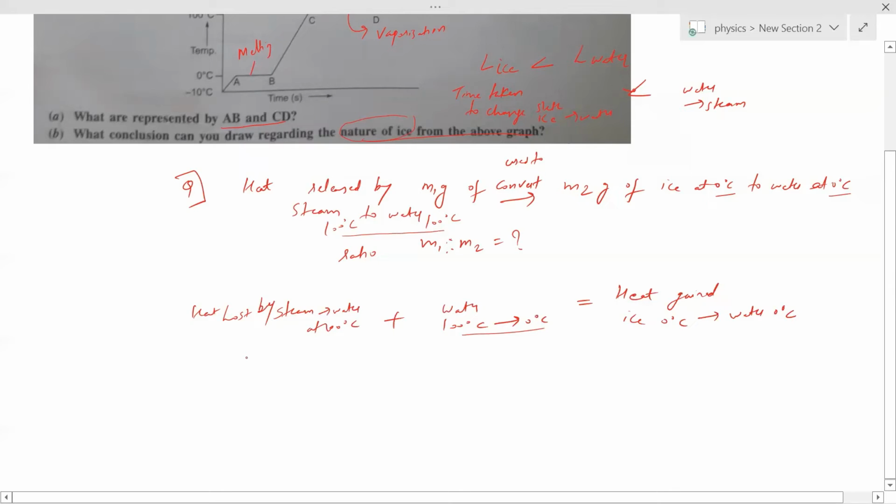Plus MC delta T. Okay, so what should I write? Value. Okay, this will be MC delta T. This will be M1 into L, latent heat of vaporization, M2 into latent heat of fusion.